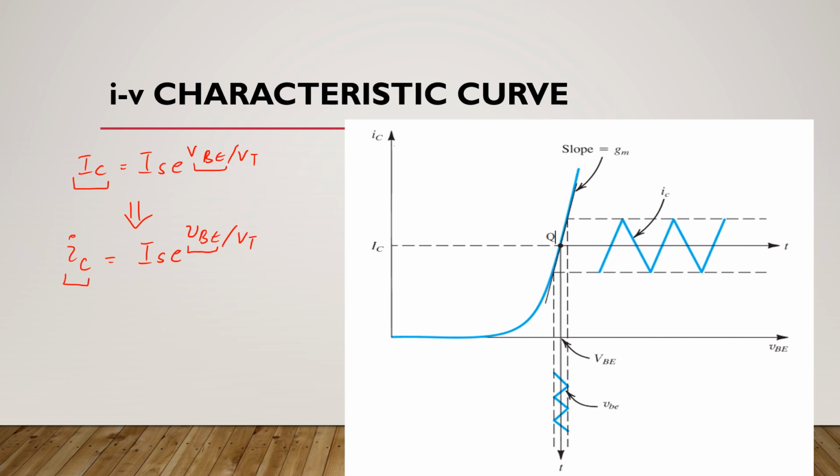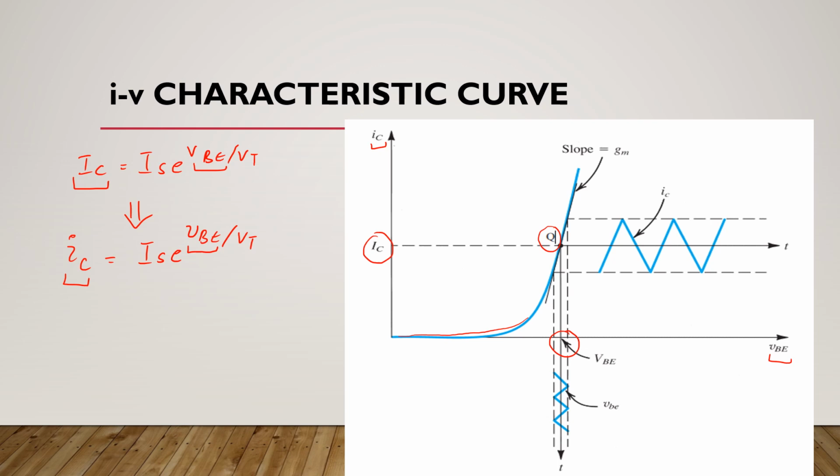As you can see, the variable on the x-axis is instantaneous base to emitter voltage and the variable on the y-axis is instantaneous collector current. Now this is the exponential relationship between VBE and IC. This point is the bias point Q, and the coordinates of this bias point are DC collector current and DC base to emitter voltage.